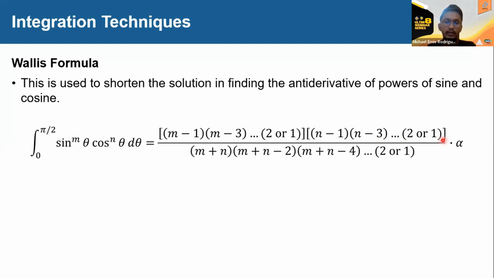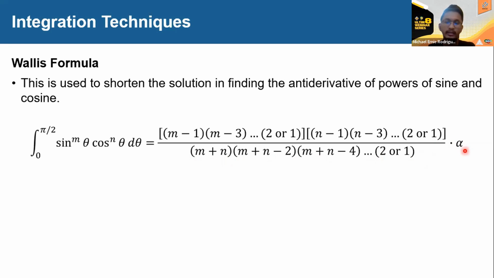Okay? All over, okay, the sum of m and n. So we have m plus n, and then times m plus n minus 2, and then m plus n minus 4, and so on until it becomes 2 or 1. Okay? So, multiply natin lahat yan. And then, multiply that to alpha.